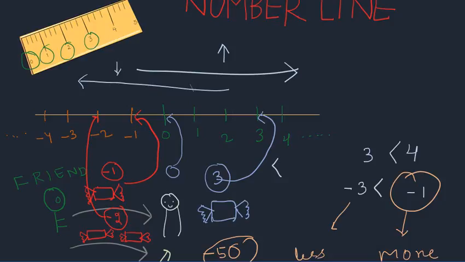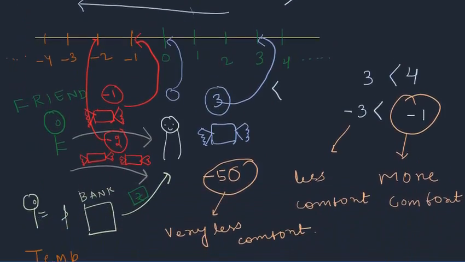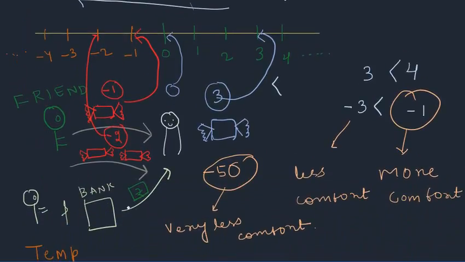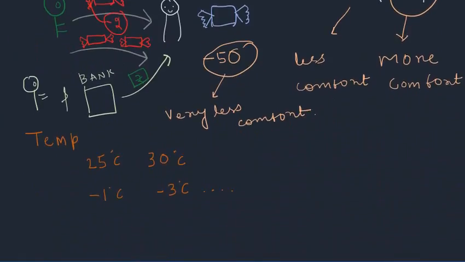And if you're borrowing money from the bank or the borrower, it's also indicated with a negative number. Plus, the temperature of a place can also be negative, where we use negative numbers.